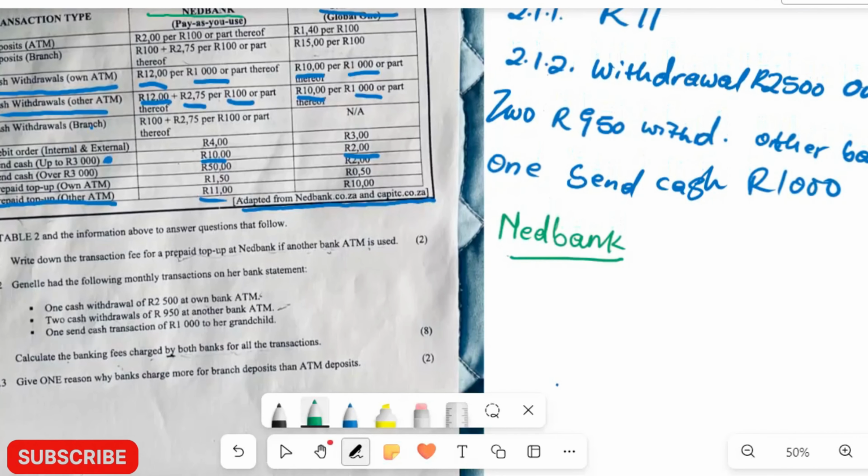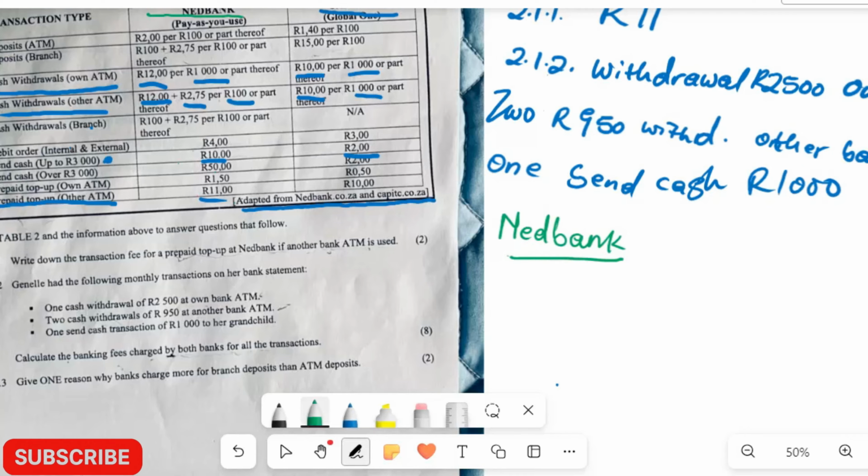One cash withdrawal of 2,500 rands. So if it's 2,500 rands, remember they are charging part thereof. That means you will count this as 3,000 rands on your calculations. So how many times is she going to be charged with cash withdrawal at her own bank?